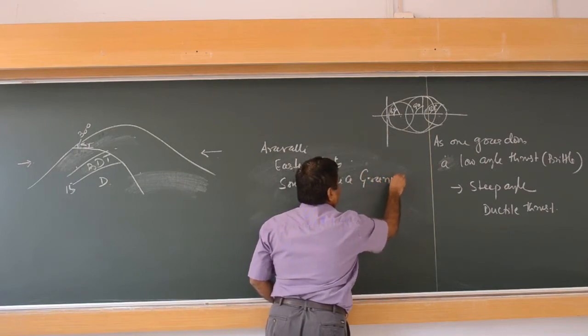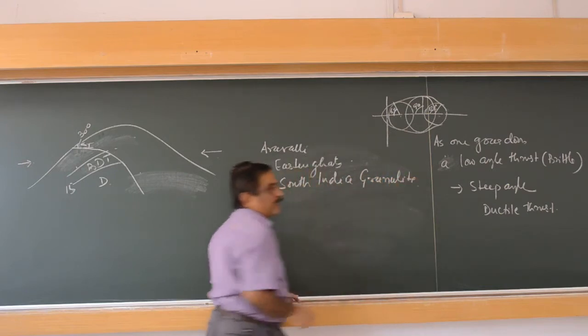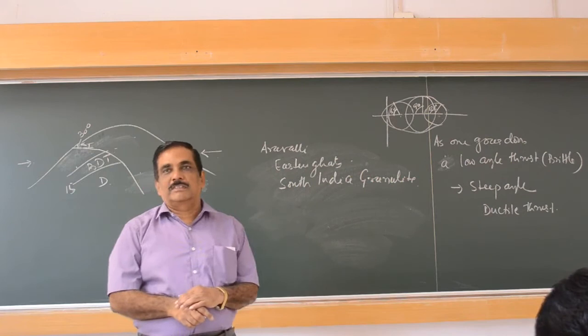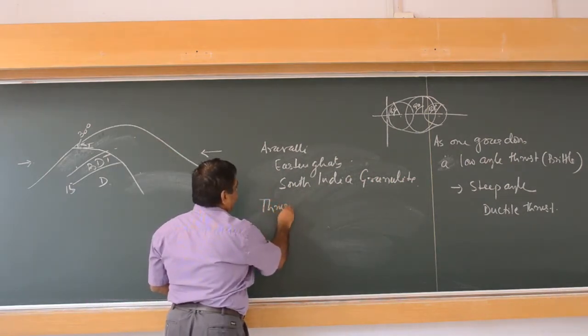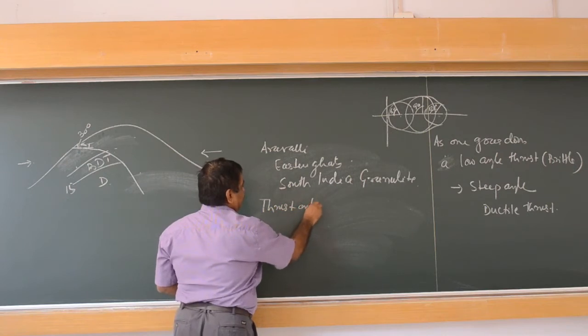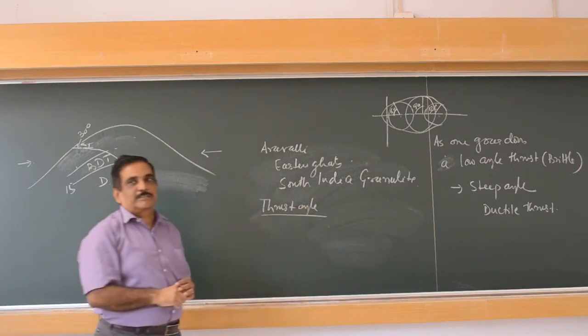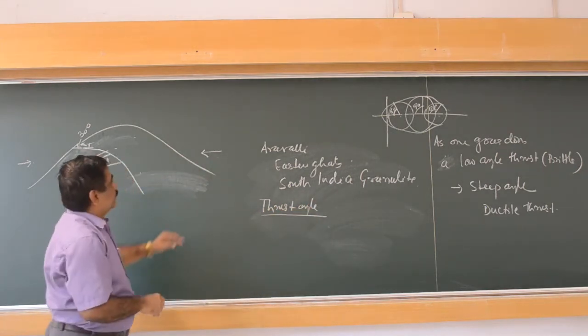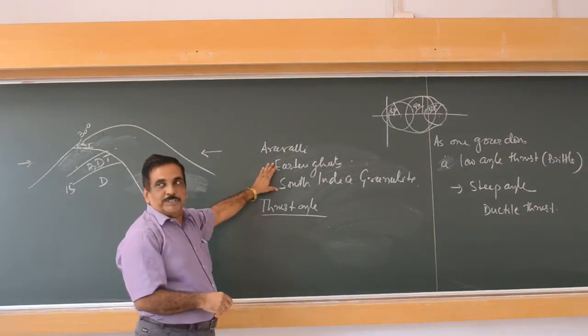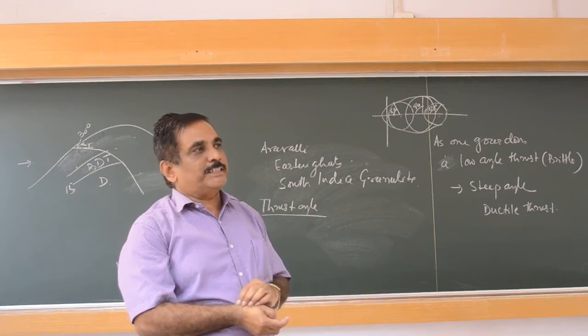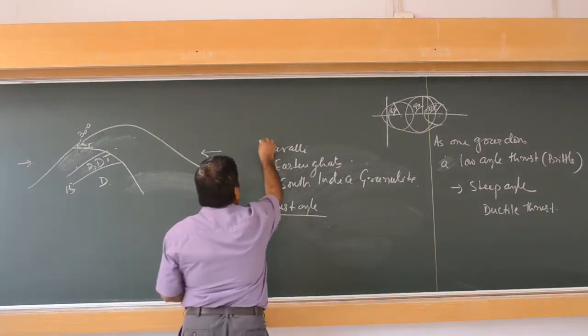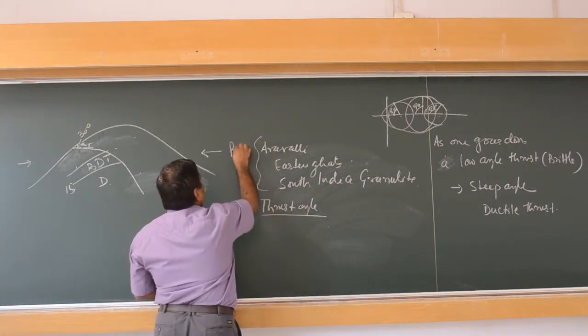So these are the areas where you are working, suppose, and you found a thrust. You found a thrust there. So what should be the dip angle? Suppose you found a thrust. So that means your Aravali, Eastern Ghats and South India are at the present level of exposure. They are all Precambrian mobile belts.